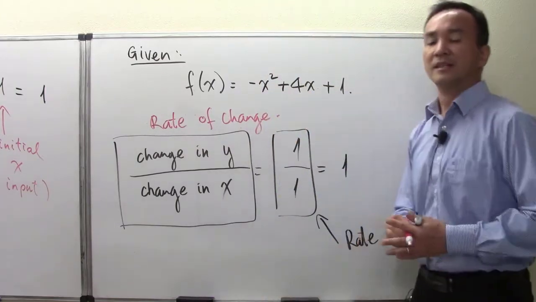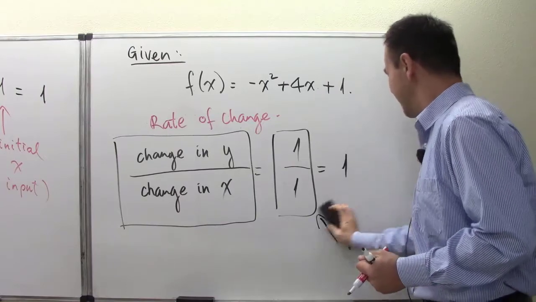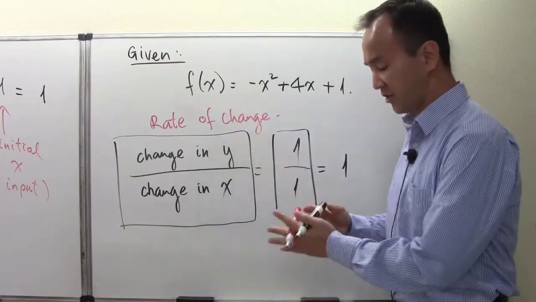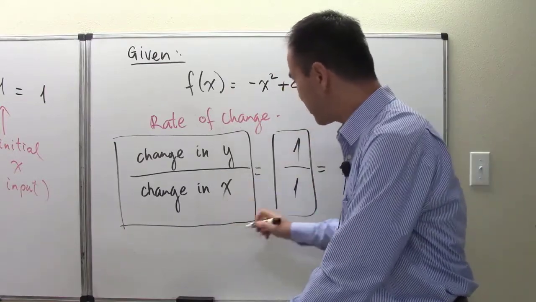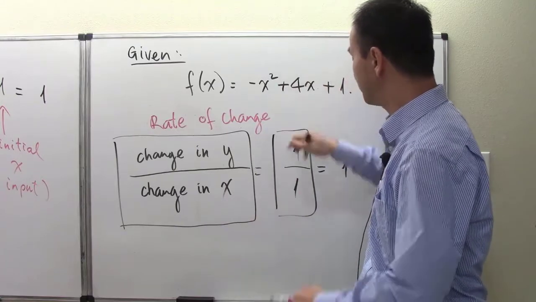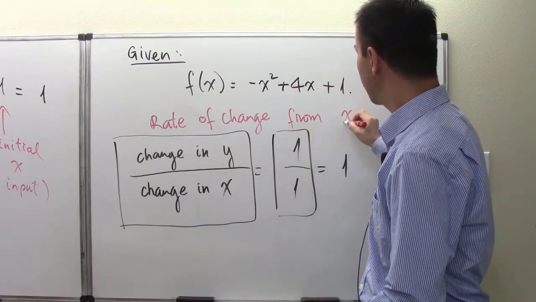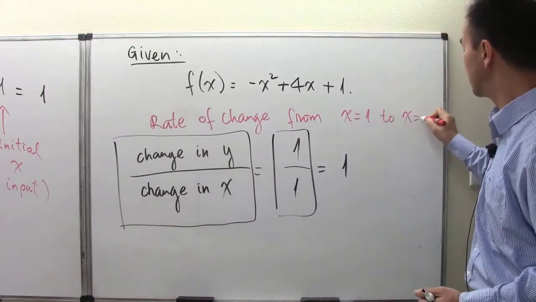Okay, so now to be a little more specific, this rate of change happened in the interval from x equals 1 to x equals 2.